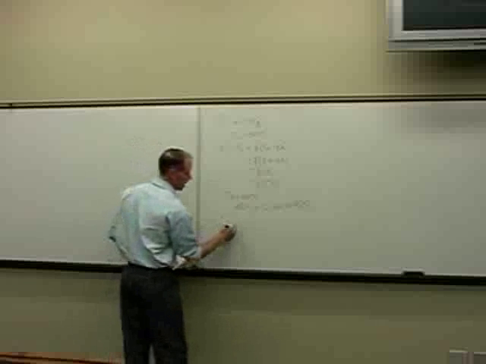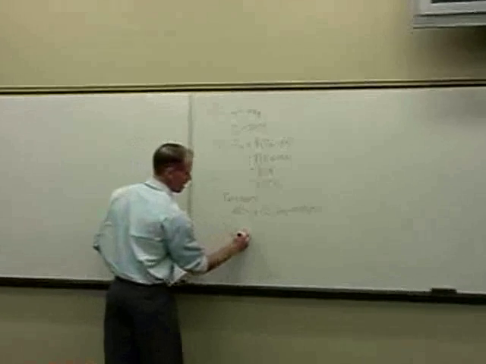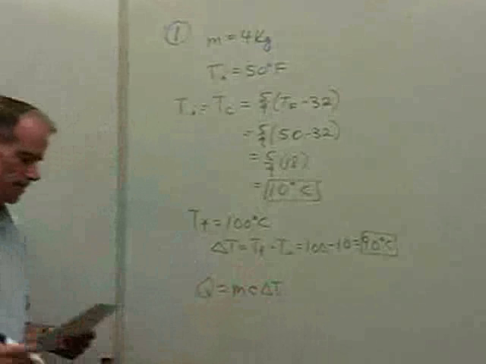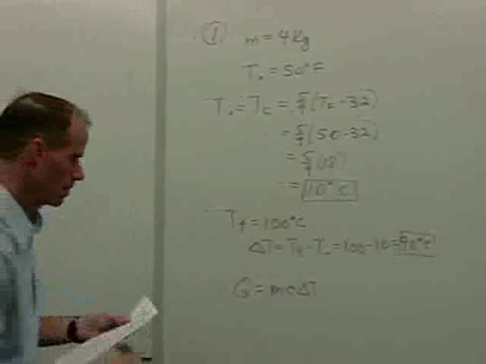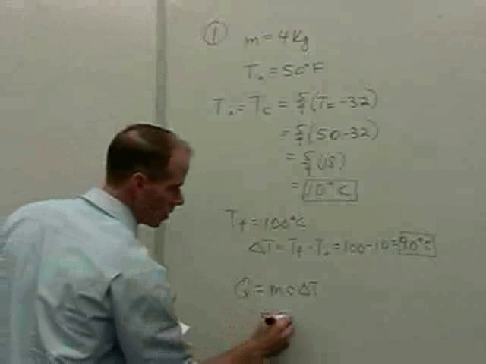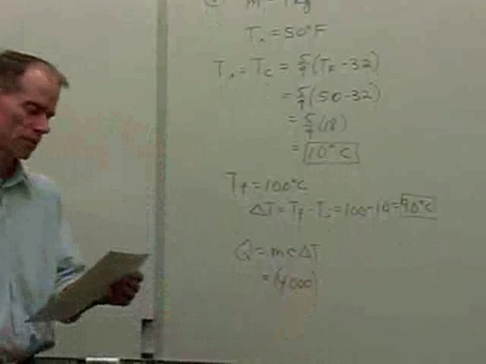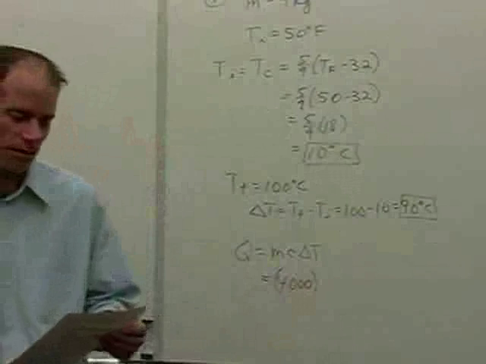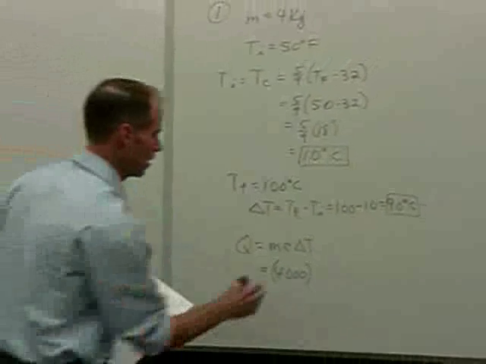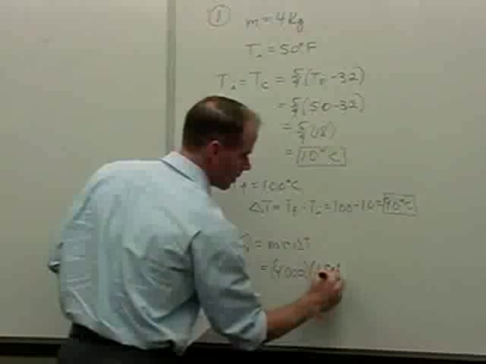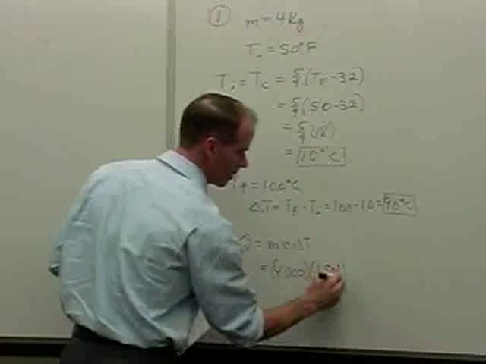The heat that we need to add is our mass times specific heat times the change in temperature. And if we have 4 kilograms, we have 4,000 grams. Our specific heat for water is 1 calorie per gram per degree Celsius.